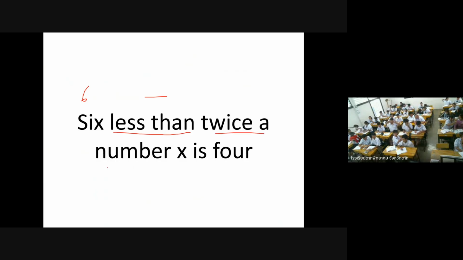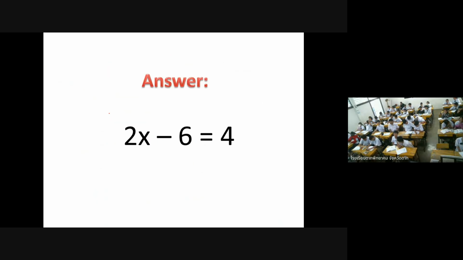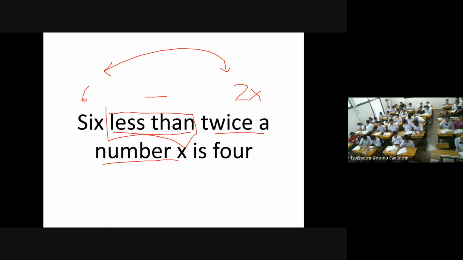Twice a number means 2x. We switch because the word is less than. So x minus 6 is equal to what we know.